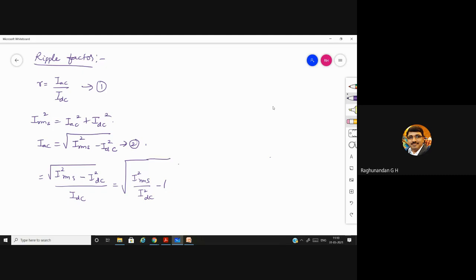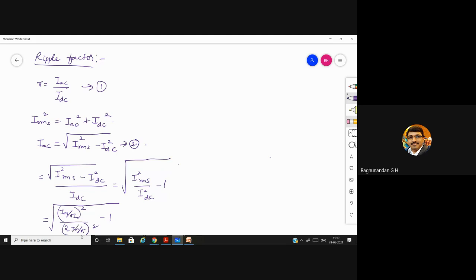After that, we substitute for IRMS and IDC values, which are in terms of peak current. As we have already obtained the equation for IRMS as Im by root 2, we'll substitute that. So Im by root 2 whole square divided by 2 Im by pi whole square, again with the root and minus 1.